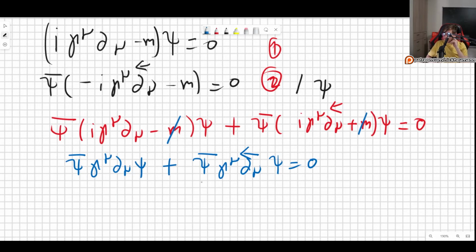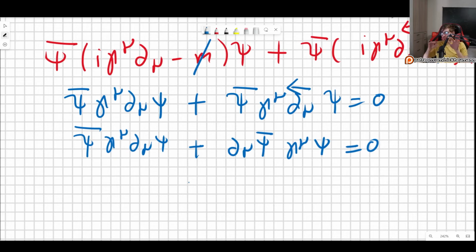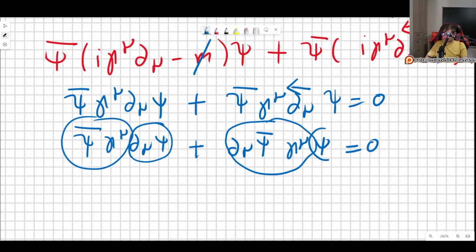Now let's undo the notation for ψ-bar acting on the left. So we get ψ-bar γ^μ ∂_μ ψ plus ∂_μ ψ-bar γ^μ ψ. Now we are back to just regular old notation. And here is where we do the age-old trick. We have the derivative of one thing times another thing, then the derivative of the other thing times the previous one.